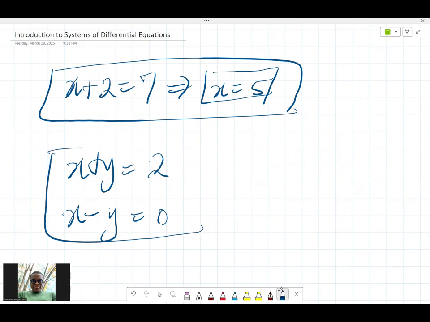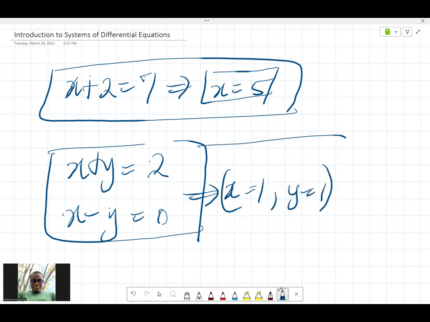This becomes a system, and you have to solve the two simultaneously to get your result. If you solve this simultaneously, you get x equal to 1, and y is also equal to 1. So this is a system of equations.